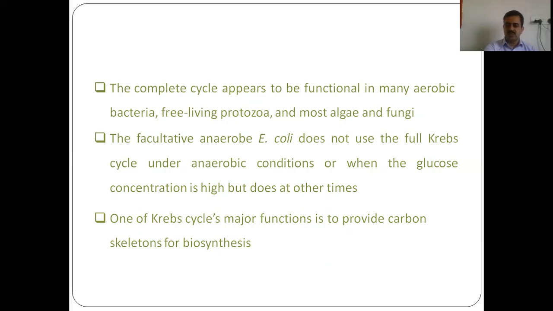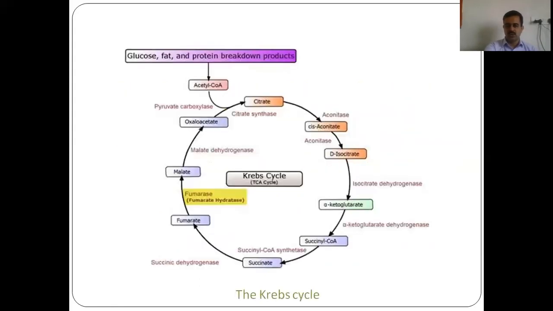The Krebs cycle's major function is to provide carbon skeletons for biosynthesis. See this, from glucose, fats, and protein breakdown, acetyl coenzyme A is formed, and it runs the Krebs cycle. Once the Krebs cycle has run, high energy molecules are generated, which are funneled on toward the electron transport chain.